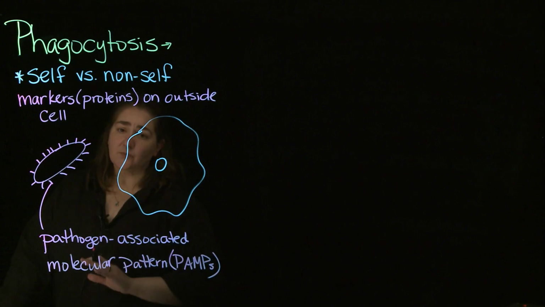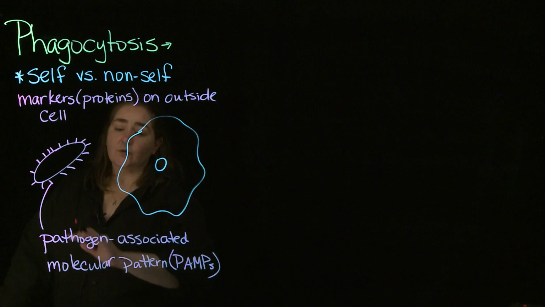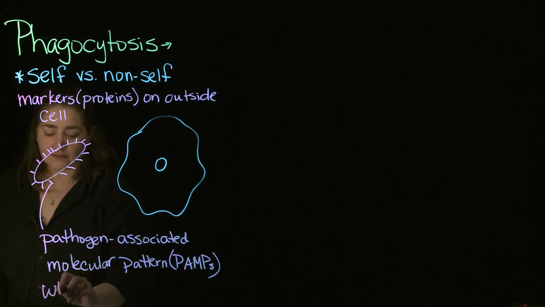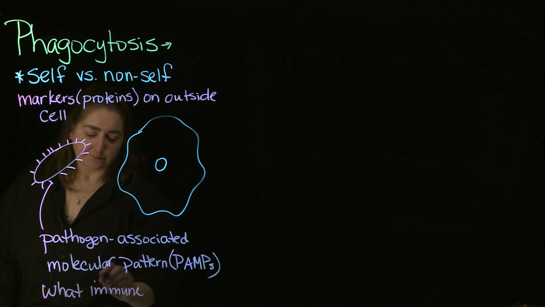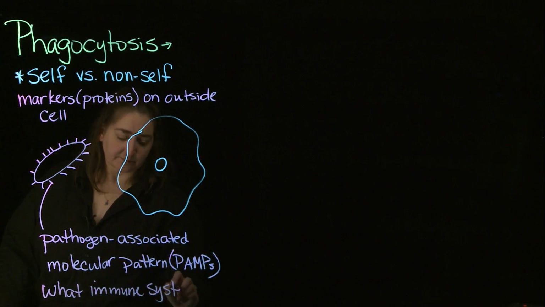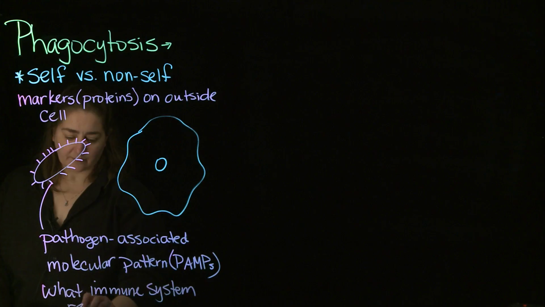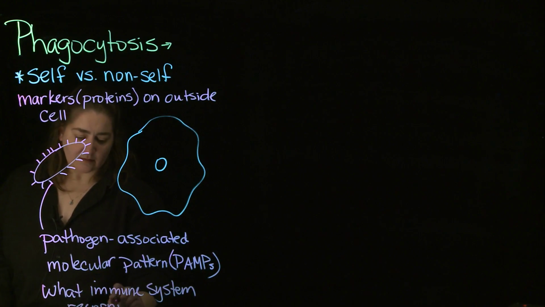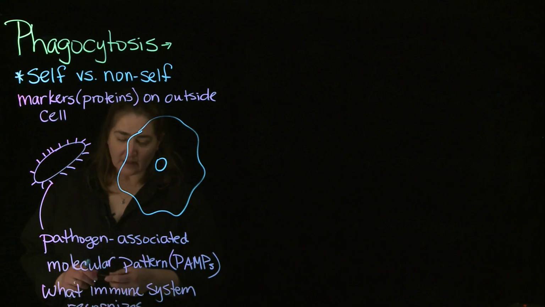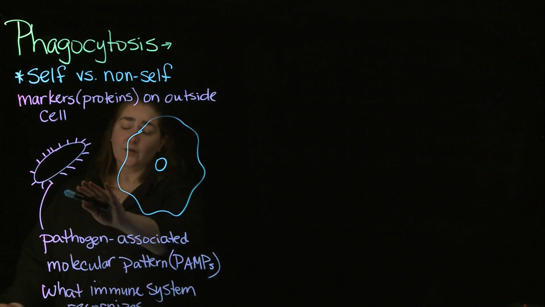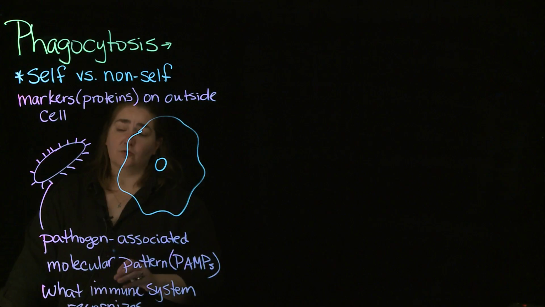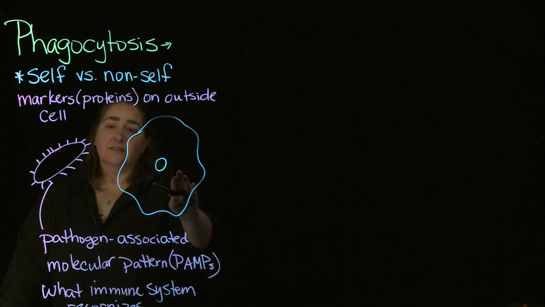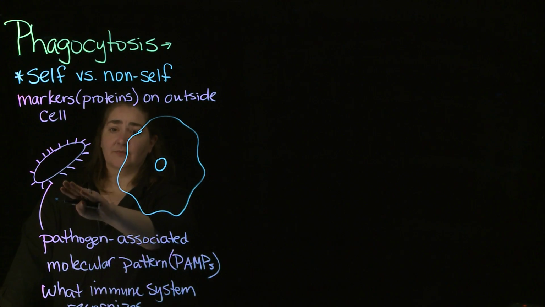So you have these markers that are on the outside of pathogenic cells. This is going to be what the immune system recognizes. All right, so that's one of the keys that the immune system is going to pay attention to, to recognize self versus non-self, okay?